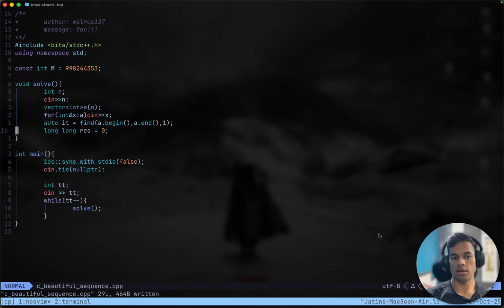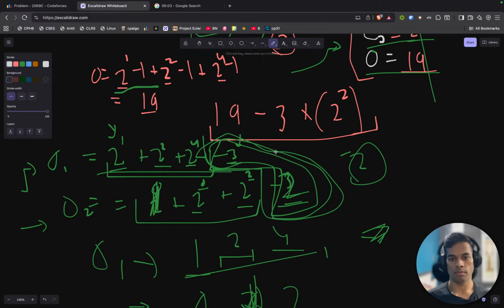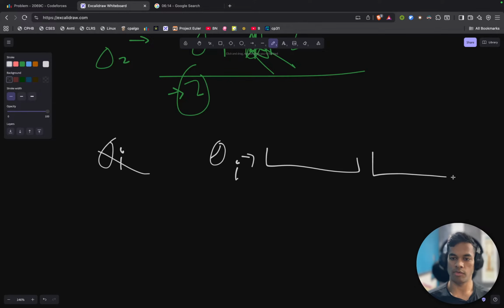And now we need two things. One is the prefix sum. So for each one, let's say, its answer, the number of pairs in which this could be a part of, consists of two parts. One is the negative part, which is the number of threes to the right of this one. Cool, makes sense.